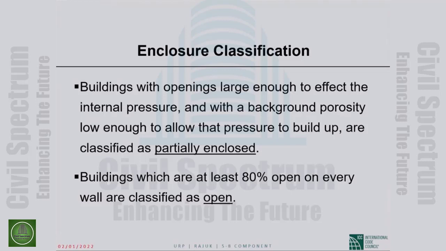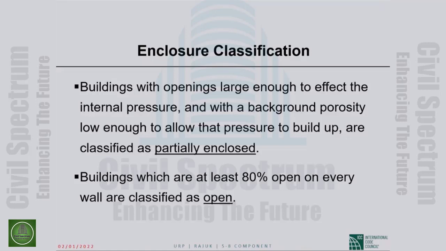Then partially enclosed building. A partially enclosed building has windward openings. It has suction openings, but windward openings predominate, so that more wind gets in than can get out, so that we have positive internal pressure build up. That is a partially enclosed building.